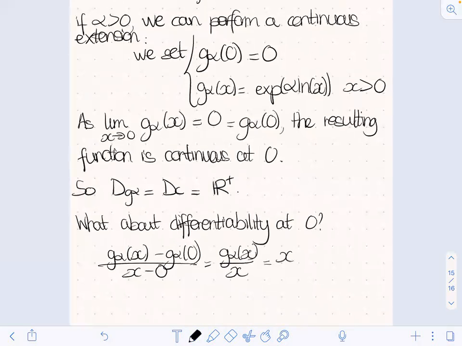Okay, if you just replace G alpha of x by its expression, it's x to the power alpha. You divide it by x, and so you get x to the power alpha minus 1.